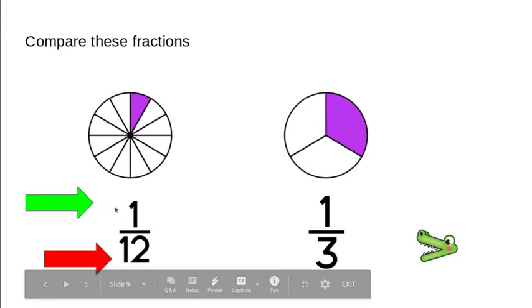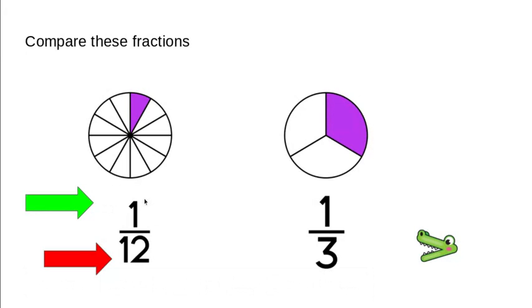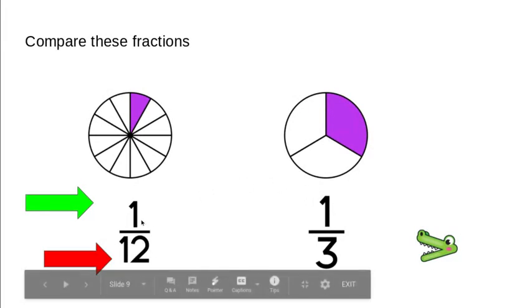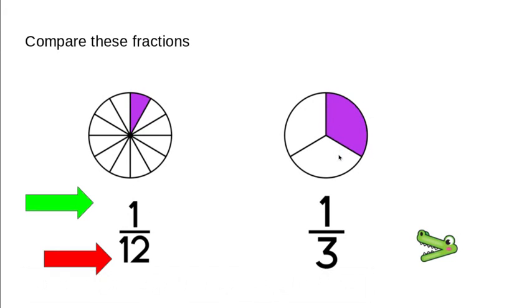Okay, so when I come up here to look at how many pieces, if these are the same number, then we can generalize and say, well, thirds is bigger. Because if I already know that thirds are bigger than 12ths, and if I'm taking one of the thirds and one of the 12ths, the third is definitely going to be bigger. And we can see that from the picture.